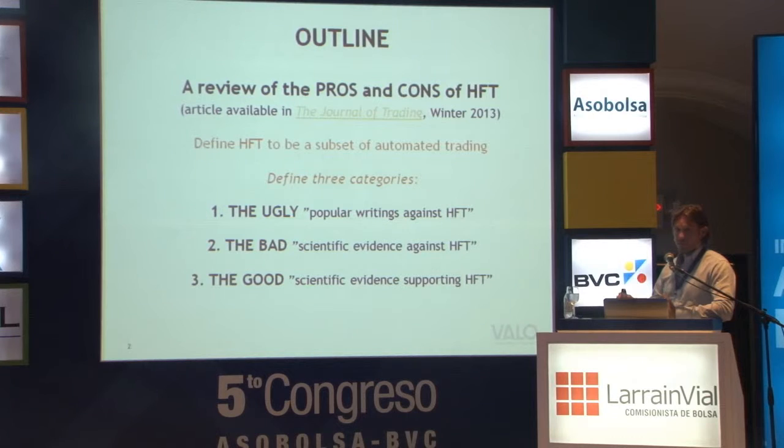HFT is very different from algorithmic trading, and therefore it's very important to make a distinction between these two concepts. Algorithmic trading is about execution of large orders, and usually institutions use these orders. They slice big orders into smaller orders to minimize the execution costs. So this is algorithmic trading in my definition.